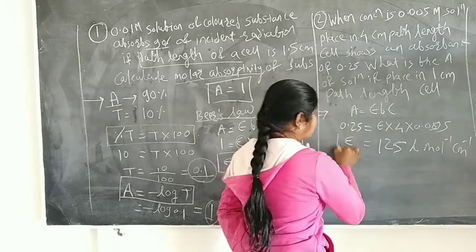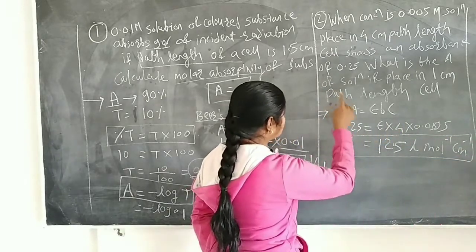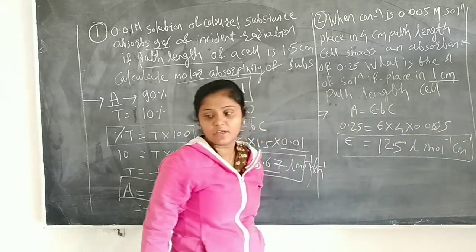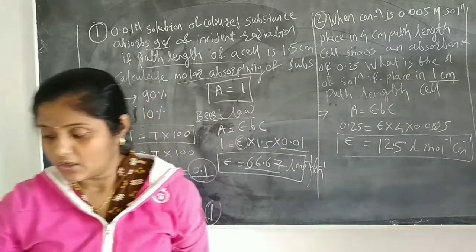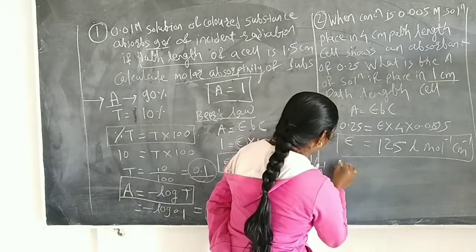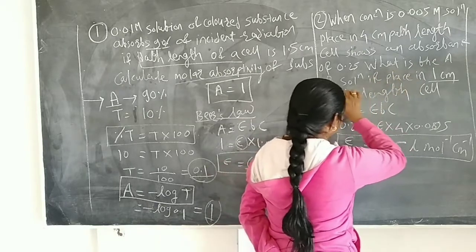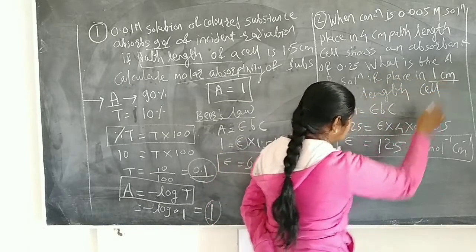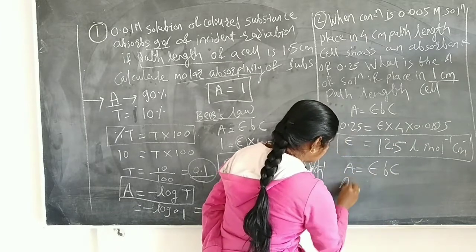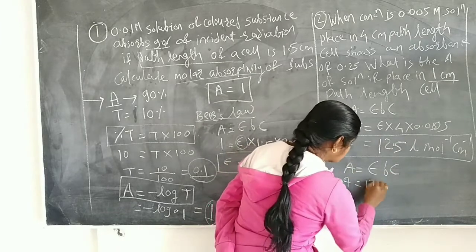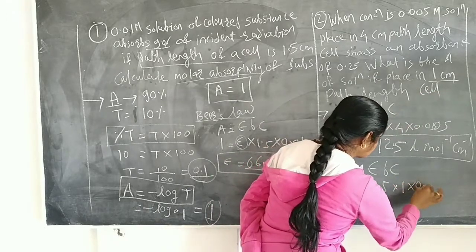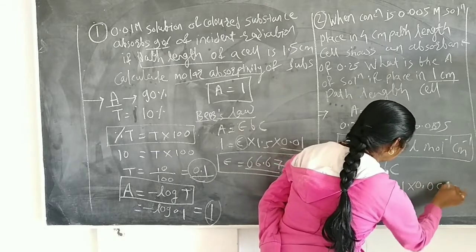Okay student, after getting this first value, we have to calculate for the path length of 1 centimeter. Again we use the same formula of Beer's law. Here the absorbance is not known. What is the absorbance of the solution if placed in a 1 centimeter cell? A is equal to epsilon b c. Epsilon is 12.5, the path length of the cell is 1, and the concentration is the same, 0.005.